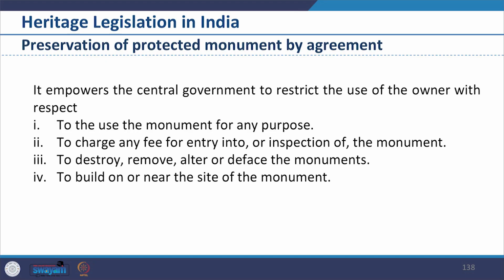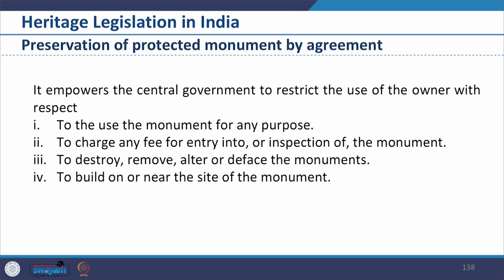The Act provides the central government the right to acquire a protected monument. Further, we see that it also gives them the power to enter into agreement with the owner to protect the monument for preservation and also for the maintenance of it. Also, you see that the Act empowers the central government to restrict the use by the owner: the owner cannot charge any fee for entry into the monument, or destroy or remove the monument, or build anything around the site.